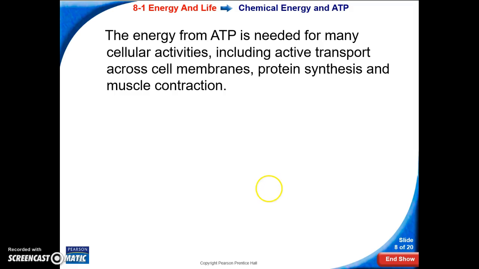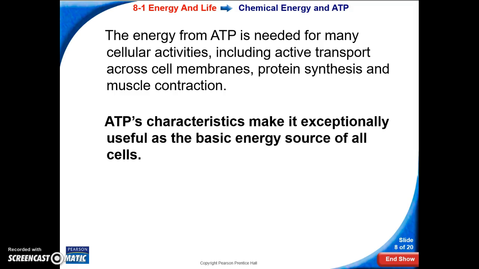We also use ATP when proteins are being synthesized, or even in simple things like anytime you move a muscle, there is that breaking of the phosphate bond of an ATP molecule that allows your muscle to move, even if it's simply picking up your pencil or pen to write notes right now.